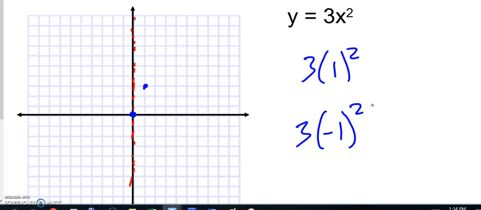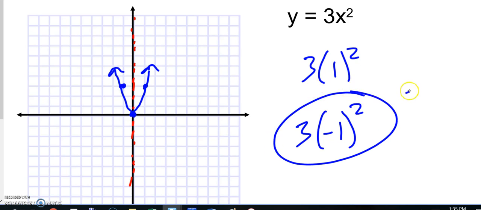We have to do negative 1 to the second first, which is 1, and 3 times 1 again is 3. And again, we should know that because it would just be mirrored across my axis of symmetry. So we didn't technically need to do this part. But anyway, when you get something that looks like this, your axis of symmetry will just be the y-axis.